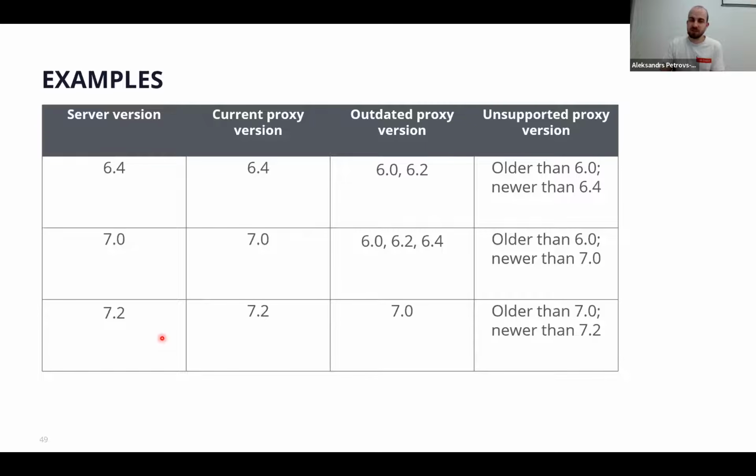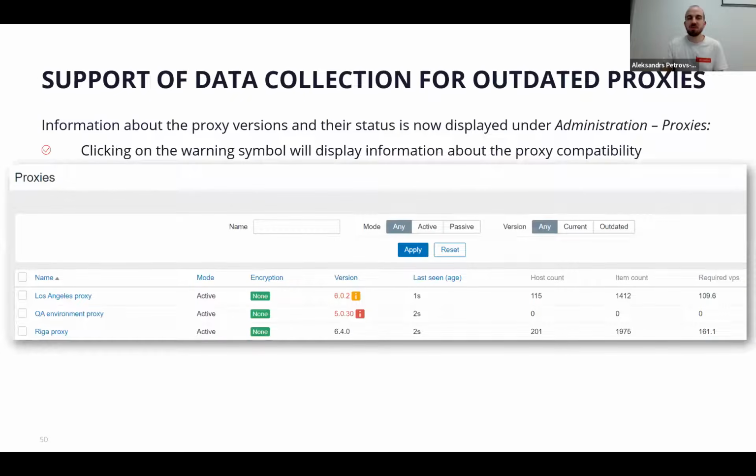And this is really important: if we have server version 7.2, the current proxy version is 7.2. This is again full support. The outdated proxy version, from which data collection is possible, is 7.0. But if it's older than the last major LTS release, then no data will be there. But you won't need to keep all of that in your memory specifically.